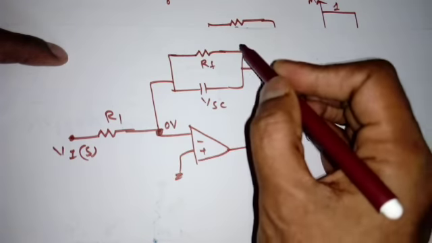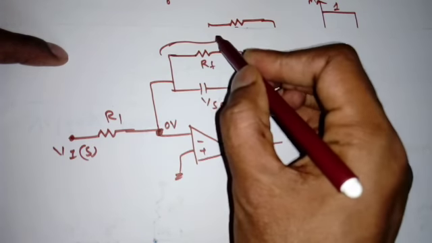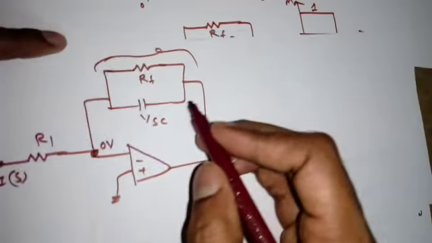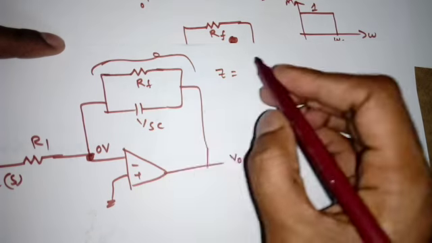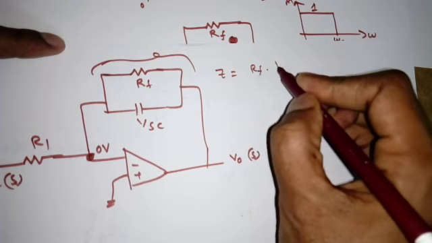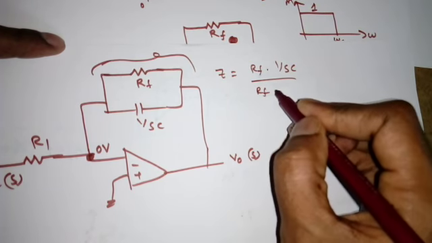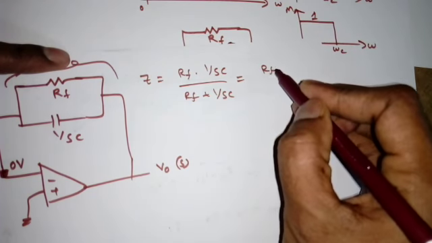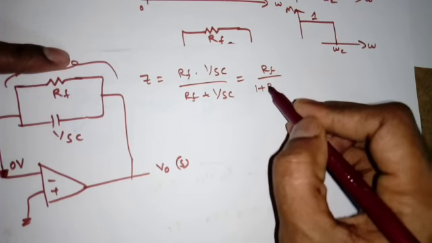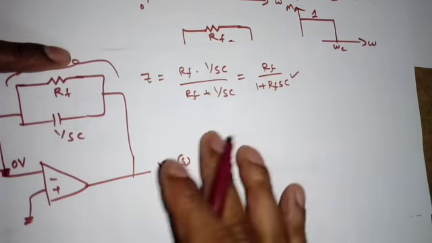Now we can find the equivalent impedance here. So what is that? So Z is equal to two impedances in parallel. So RF into 1 by SC by RF plus 1 by SC. So this will come out as RF by 1 plus RF into SC.